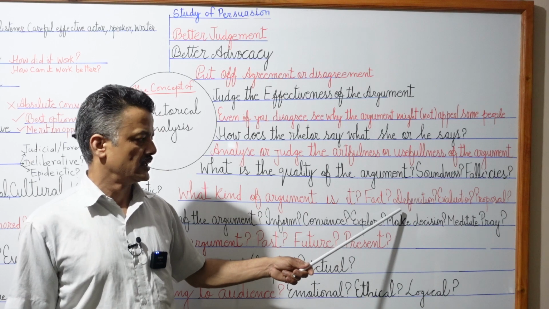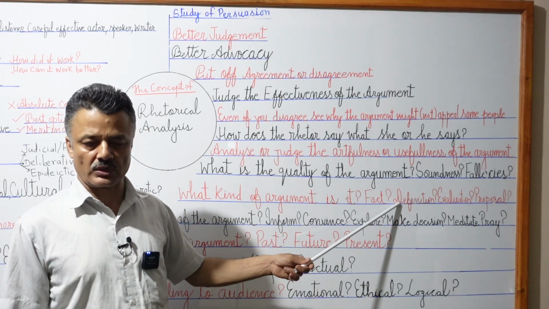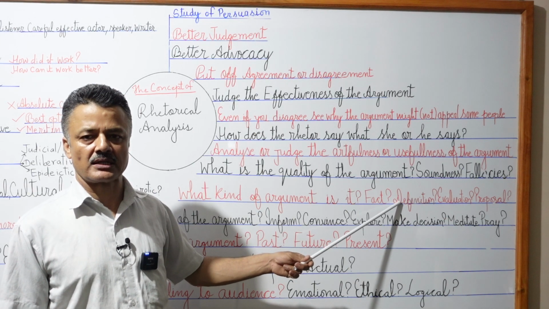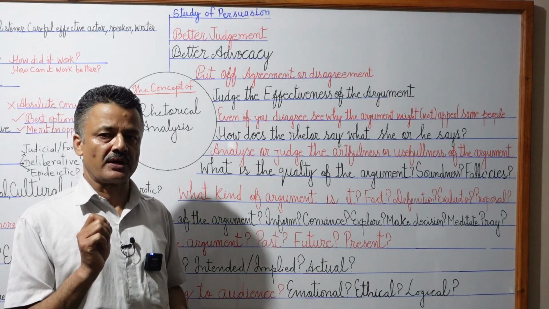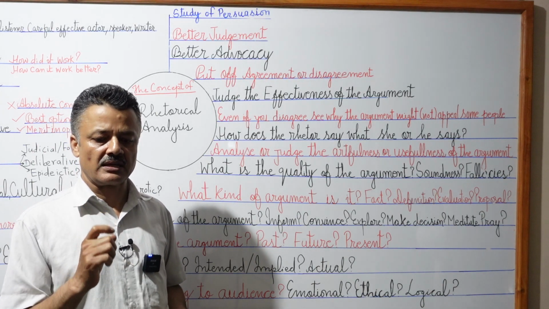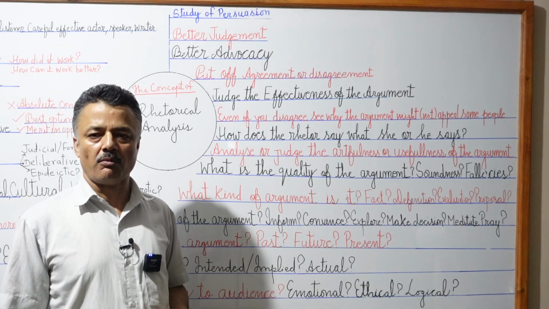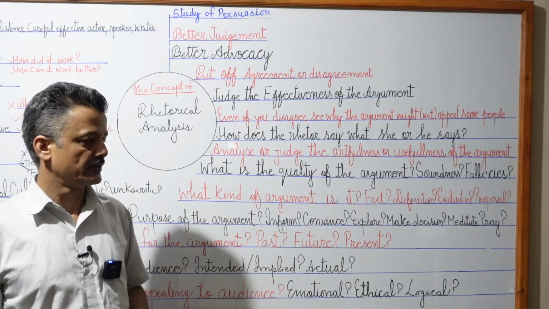Then here the writer will have to define what life means, because one can argue that a 2-week, 3-week, 4-week fetus is not life. So first you have to begin by defining what life means, and then only you can move ahead with the argument whether abortion should be allowed or banned.